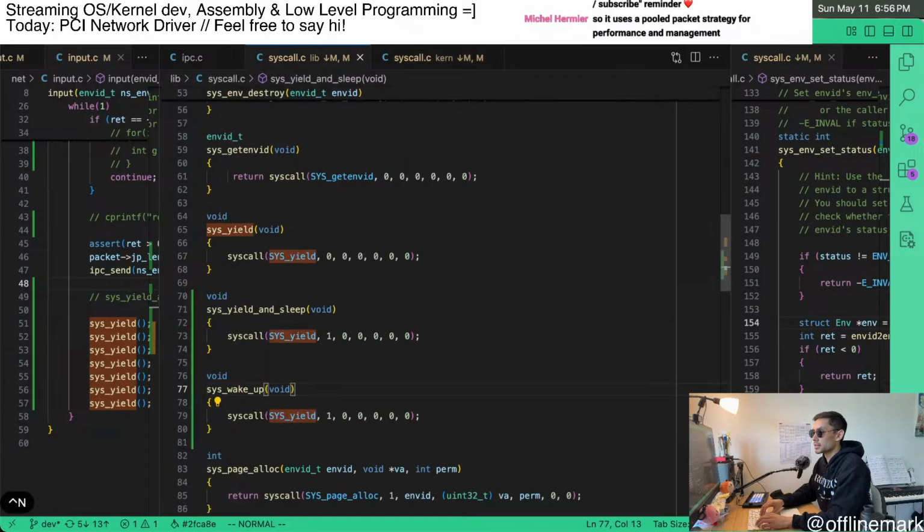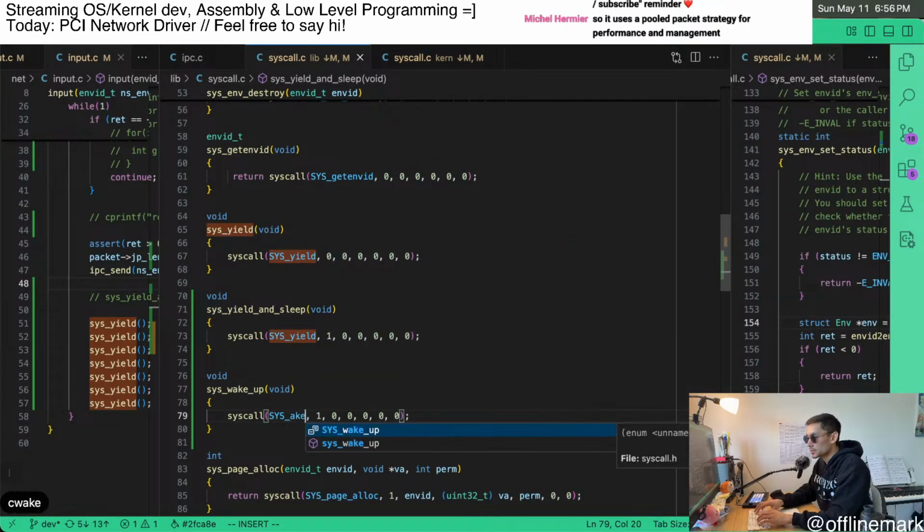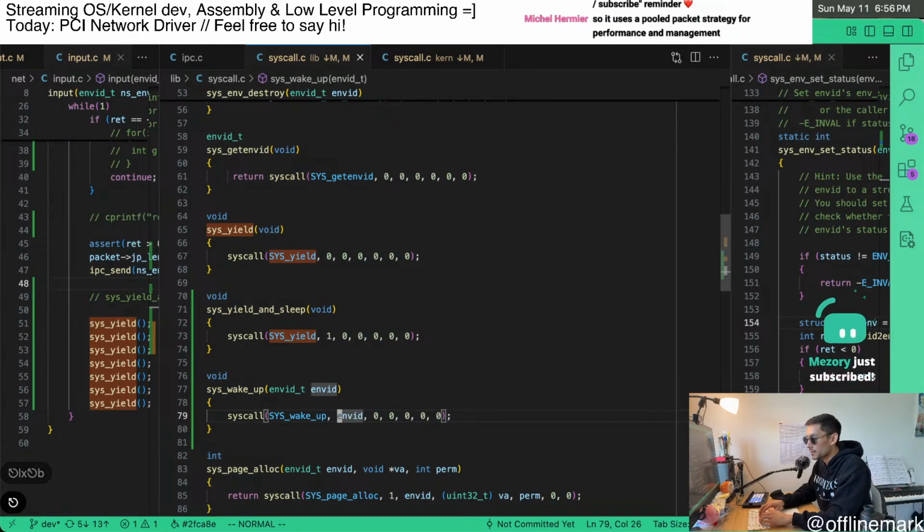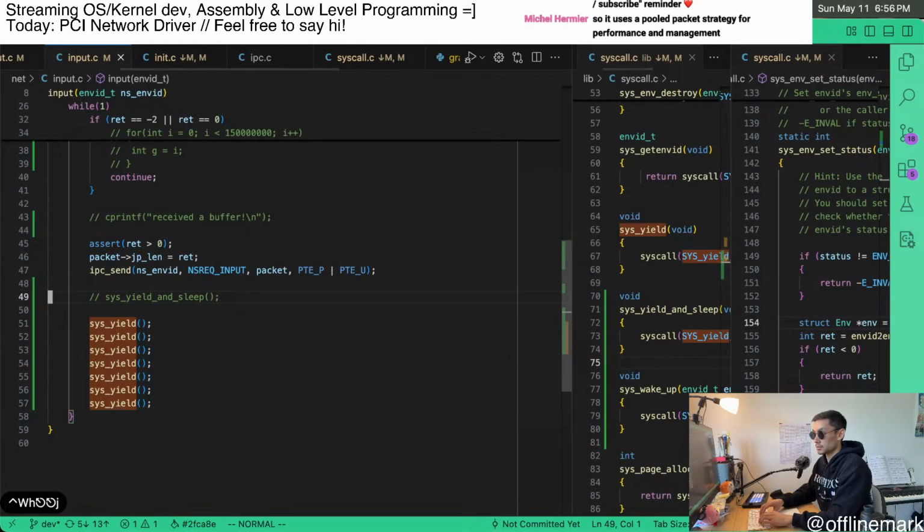What else is necessary? So this thing needs to do sys wake up, and we need to pass an env ID t, and apparently you can pass it in like this. So I have just tried my best to go super fast and add 2 system calls to the kernel.